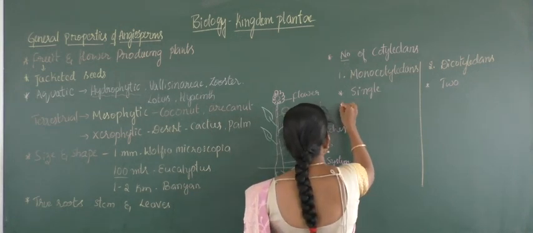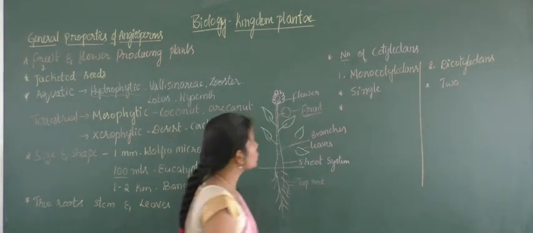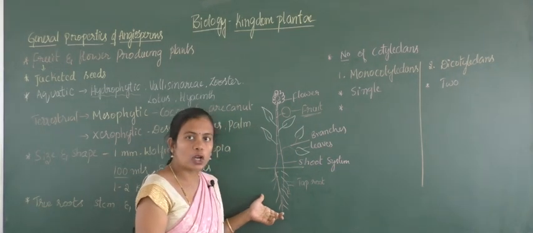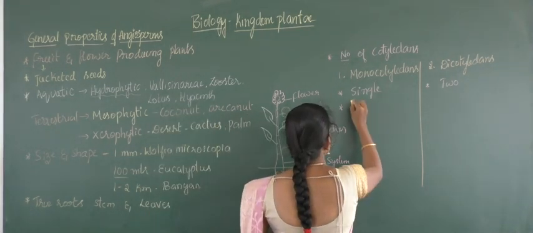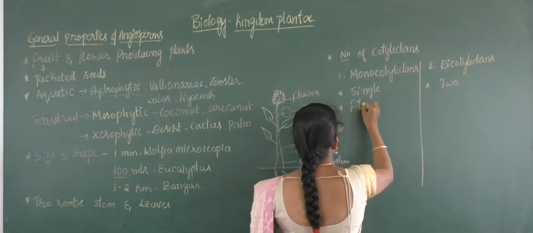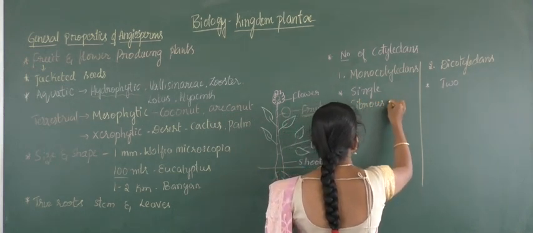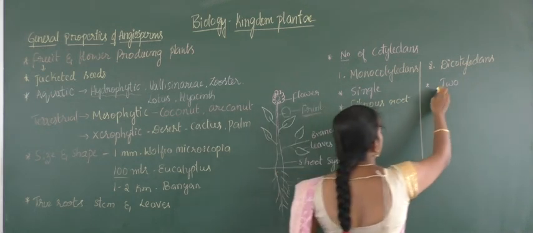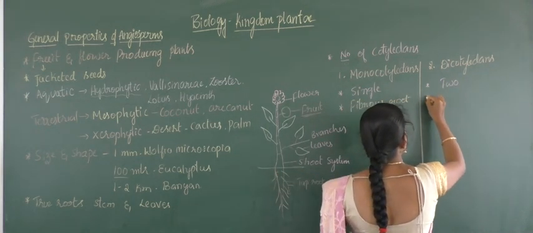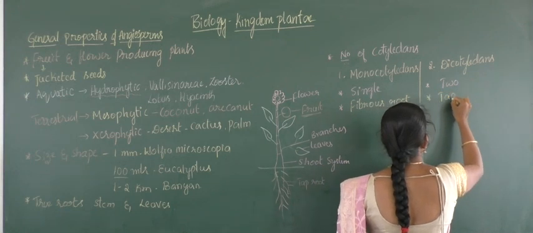And the next, the structure of the root in case of monocot is fibrous root system. It possesses fibrous root system. And next, dicotyledons possess taproot system.